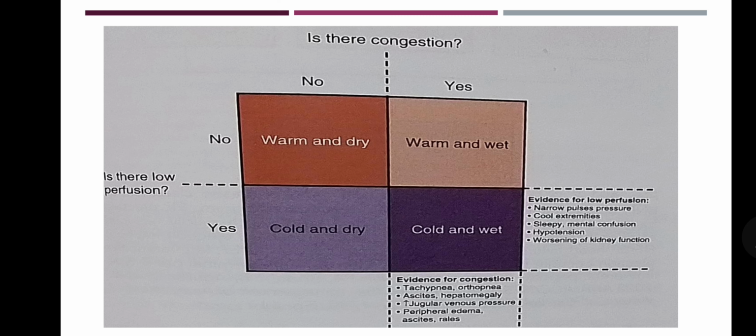That means whether fluid is accumulated in the body or not. Congestion means there is a problem in the preload, so is there a preload failure or not? And second is whether perfusion is low or not, meaning whether there is an afterload failure. These are the two parts we divide for the basic treatment of heart failure.